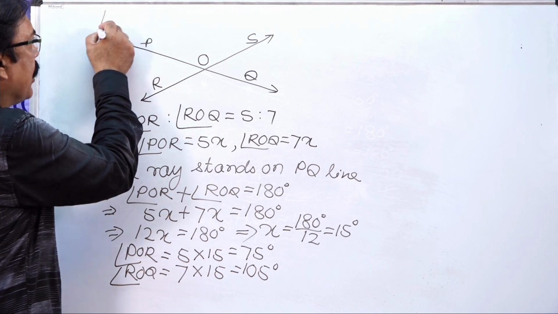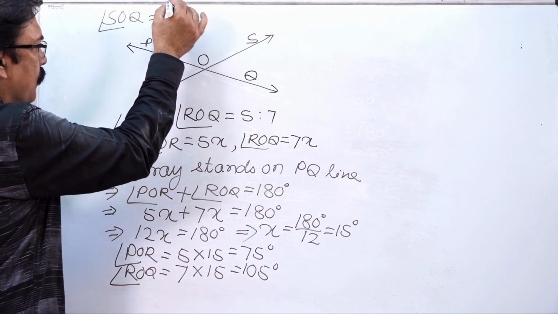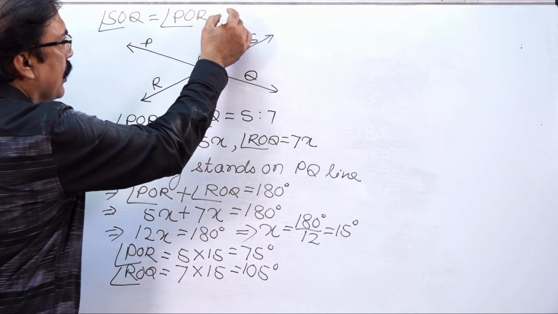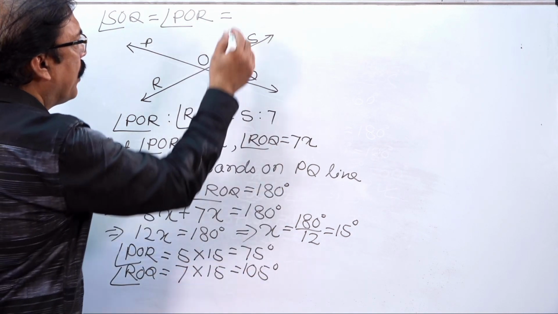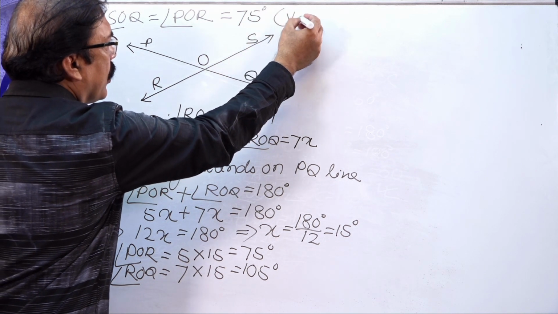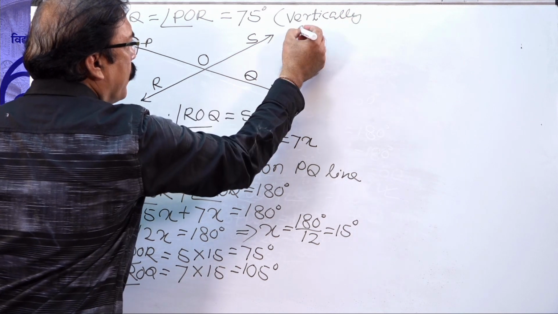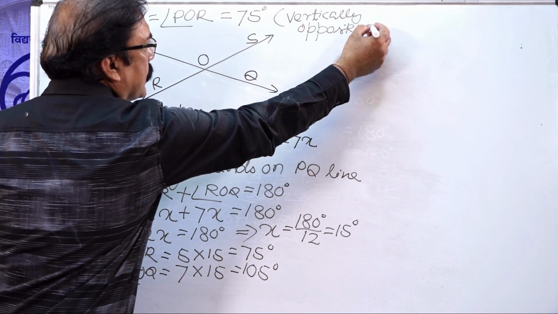So we can write angle SOQ is equal to angle POR is equal to, what is the value of POR? 75 degrees. We can write here vertically opposite angles.